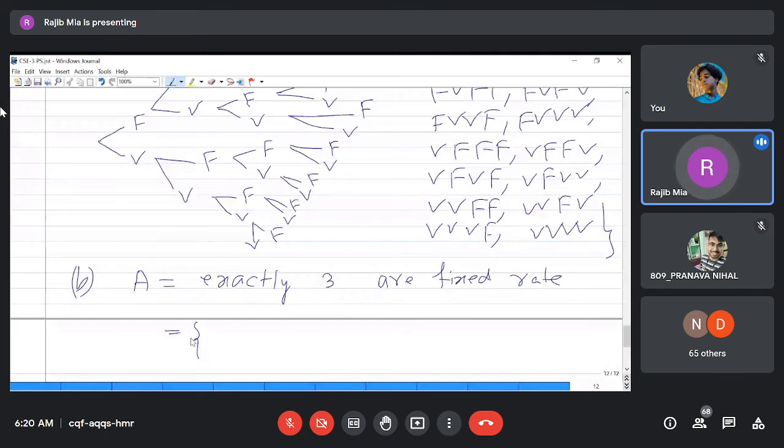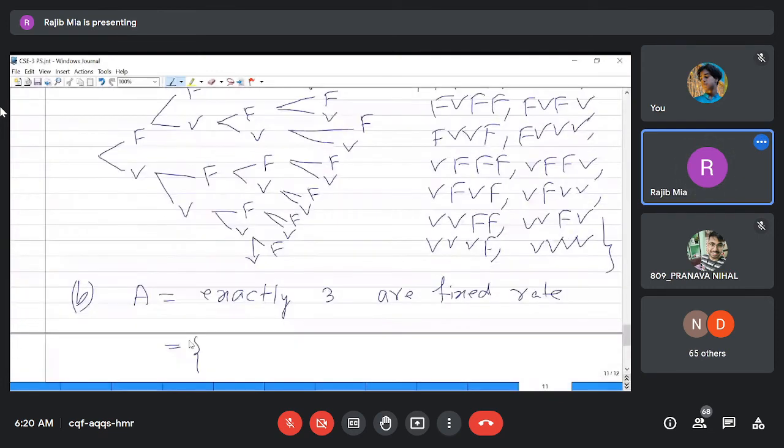There are a total of 4 mortgages, so out of these 4, what are the outcomes? FFFV, FFVF, FVFF and VFFF, that is 4.